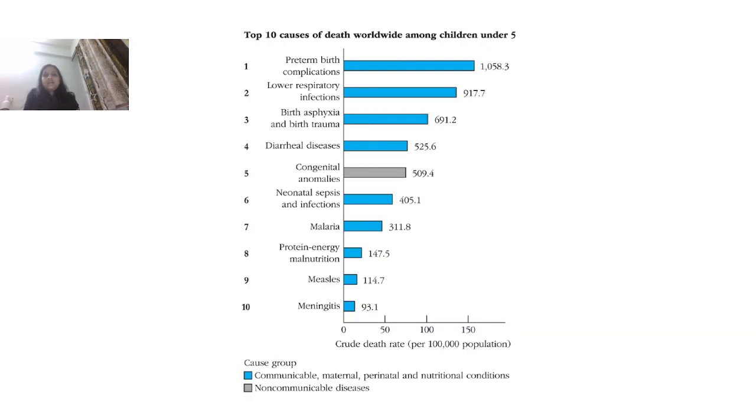So you can see here the top 10 causes of death worldwide among children under 5 are preterm birth complication, lower respiratory infection, asphyxia, birth trauma, diarrheal disease, congenital anomalies, then sepsis and infection, malaria, protein energy malnutrition, measles, meningitis. The blue ones are communicable, maternal, perinatal, and nutritional conditions, while congenital anomalies are non-communicable disease.